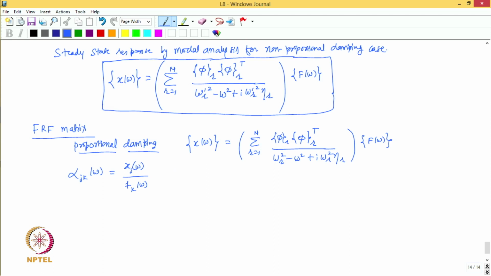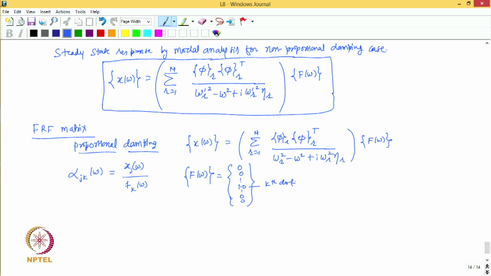Effectively, we can achieve this by applying a unit harmonic force at the kth degree of freedom with no force at other degrees of freedom.